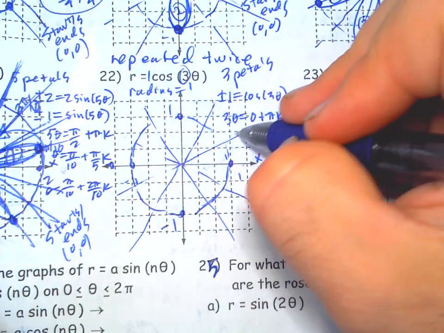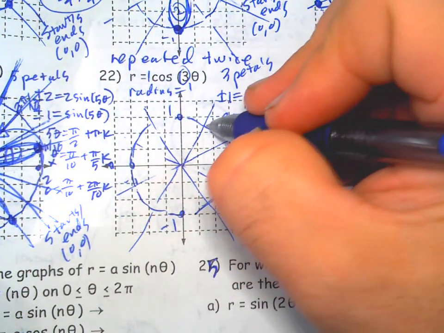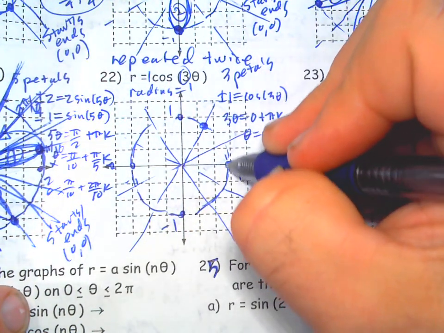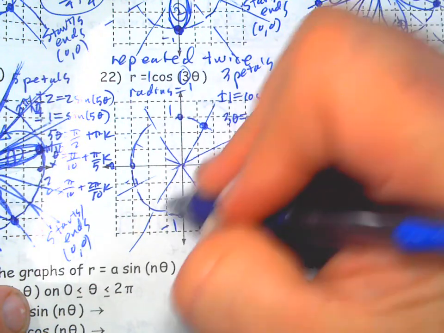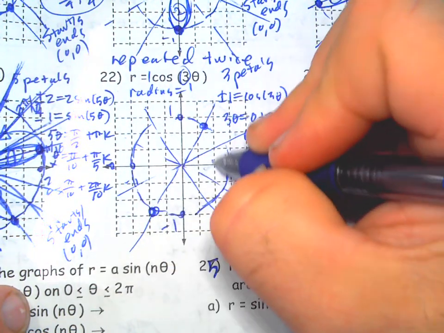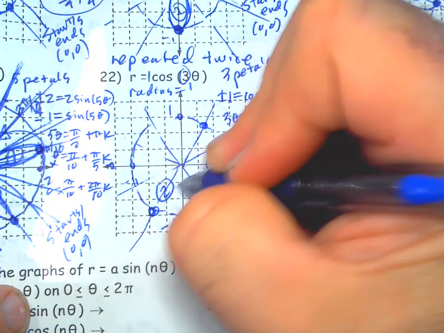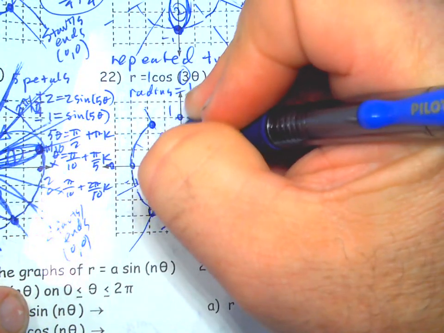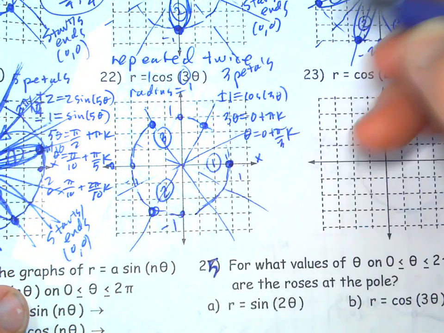So pi over 3 is going to be where the first one is now. The first one's at 0. It has a positive, and then pi over 3 is going to be negative. It's going to be back here. And then the third one is going to be at 2 pi over 3 positive. And then they're going to just end up repeating themselves.